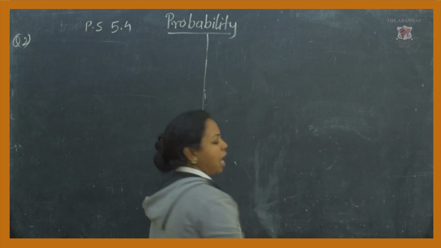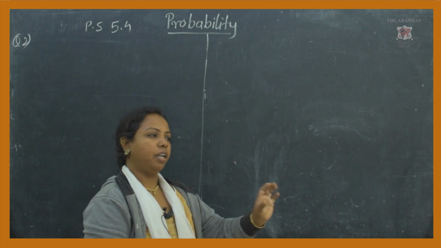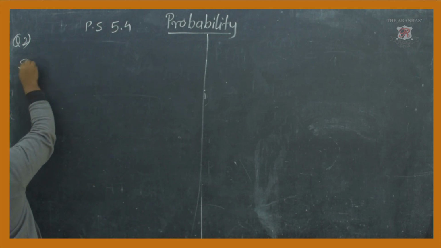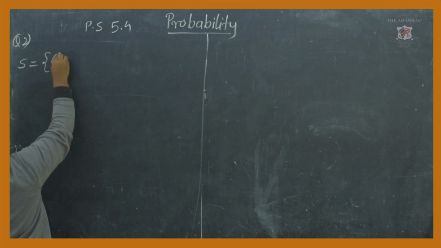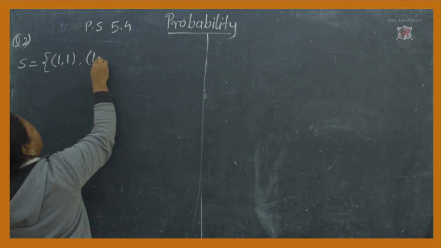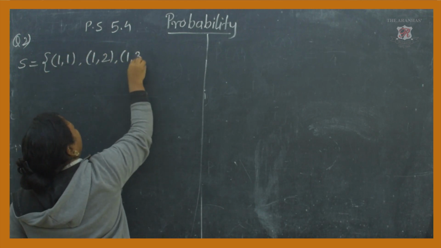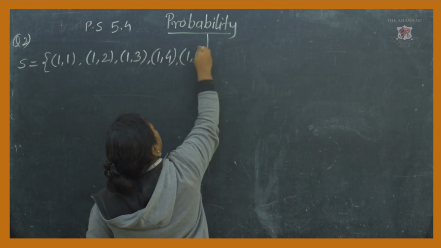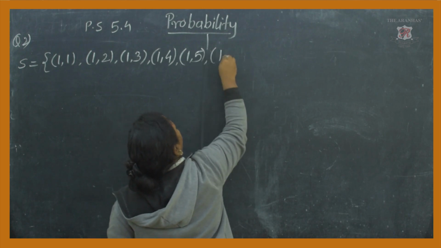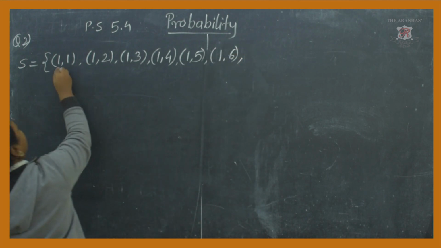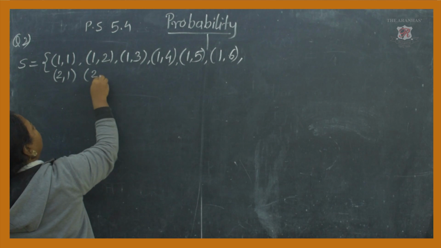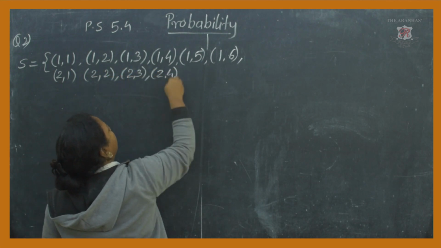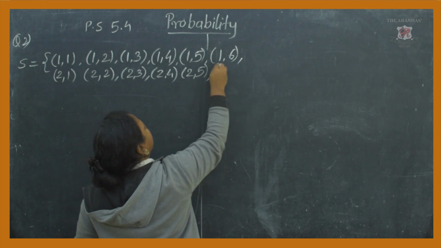So I am just going to write that sample space: 1 1, 1 2, 1 3, 1 4, 1 5 and 1 6, 2 1, 2 2, 2 3, 2 4, 2 5.